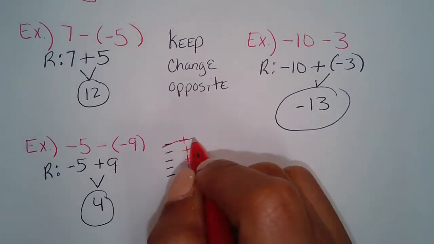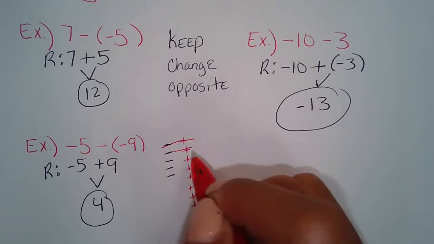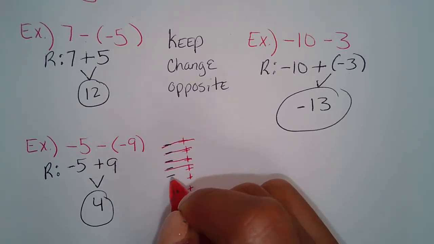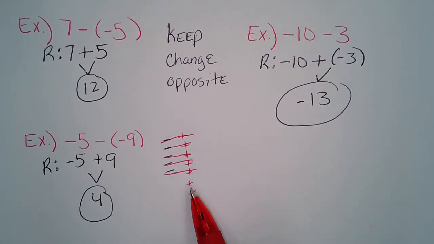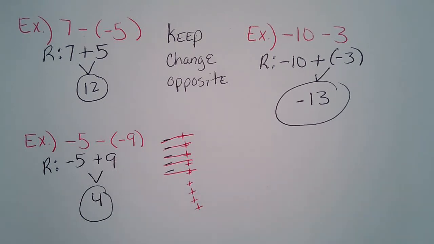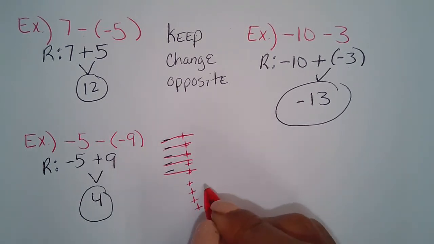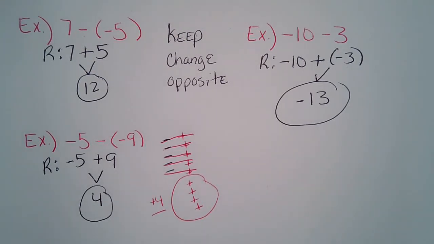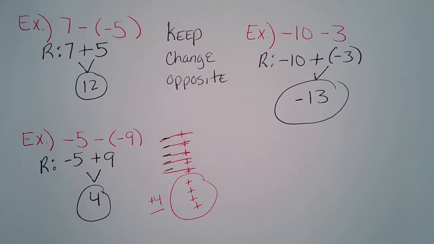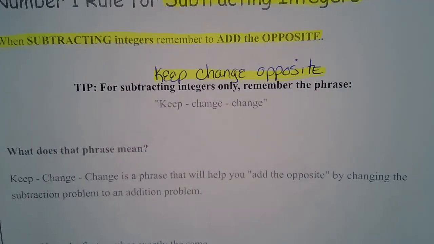So in this case, everywhere I have a negative and a positive, it's going to cancel itself out. And as you can see, I'm left with 1, 2, 3, 4 plus signs, which means positive 4, which is what we have. All right, so again, I hope that was clear.